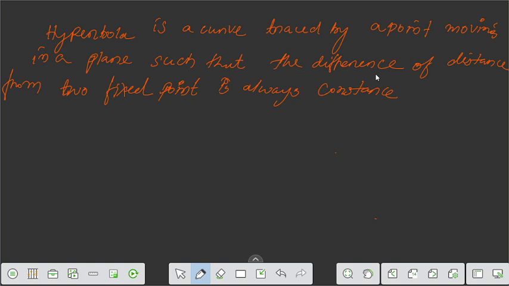In the ellipse case, it is the sum of the distances from the two fixed points, and in the hyperbola case, the difference, where the fixed points are called foci.